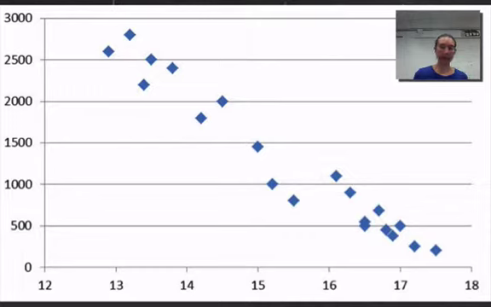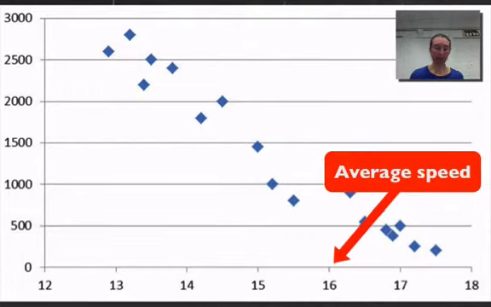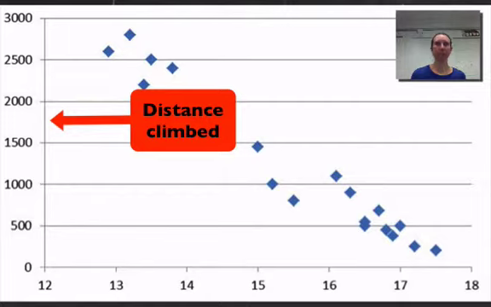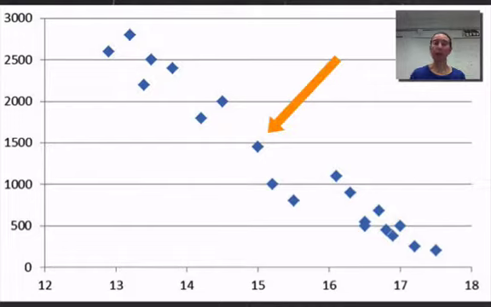We see that my average speed is along the x-axis, and then the feet climbed, or how much climbing I did, is along the y-axis. Each of the points is a pair between the average speed and the distance climbed.